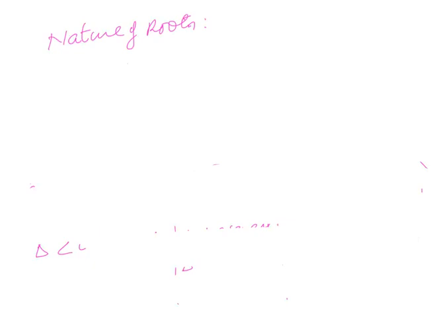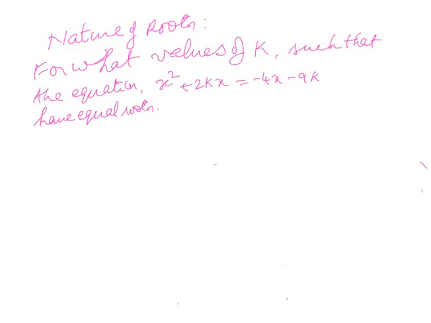Let's take this question here. For what values of k does the equation x squared plus 2x minus 4x minus 9k have equal roots? For questions like this, or questions on nature of roots, step one will be to put the equation in standard form.